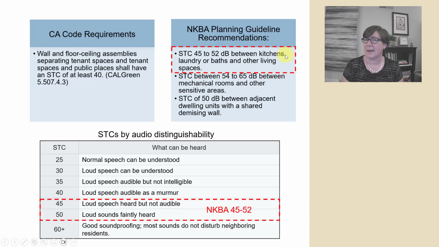We just don't want to hear what happens in the bathroom when you're in the living room, all right? Where does that fall on our STC rating list? It's way up here, all right? 45 to 52. So you can hear if somebody's speaking loudly, but you can't tell what they're saying. It's just barely there.